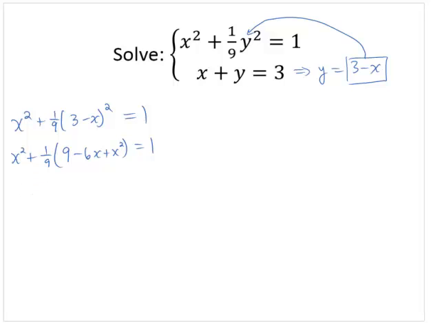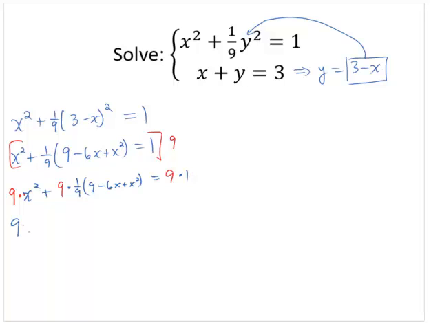So instead what I'm going to do now, go back here, I'm going to clear out the fractions by multiplying through by 9, the entire equation. So that would be 9 times x squared plus 9 times 1/9 times (9 minus 6x plus x squared) equals 9 times 1.